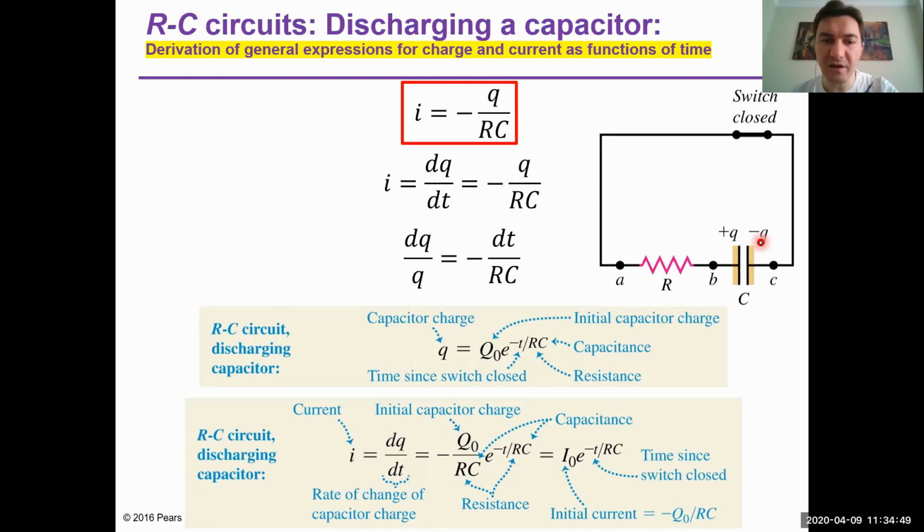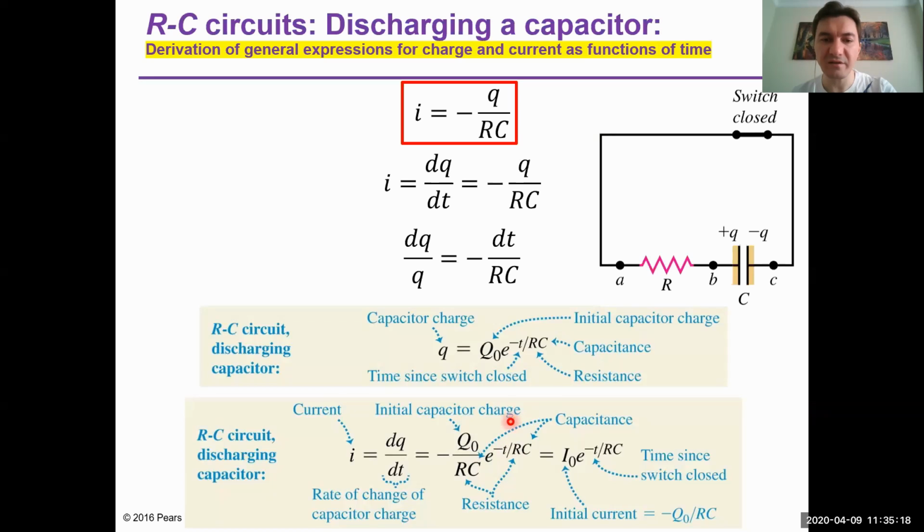And what about the current? If you take the time derivative of the charge, we can get the current. Take the time derivative of that expression, then this minus will come here, Q0 over RC times, and this exponential expression again will be there. Okay, so what do you see here? This is constant, constant, constant. Again, the only changeable parameter here is time.